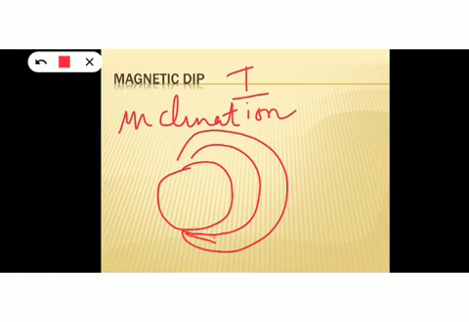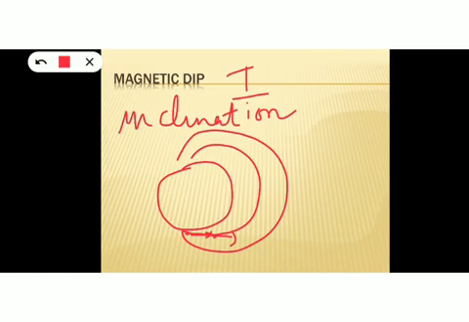You had studied this concept in class 10 physics. The direction of magnetic field at any point on the field line can be obtained by drawing a tangent at that point. So consider this point. If you want to find out the direction of magnetic field at this point, construct a tangent here. This tangent will give you the direction of the total magnetic field at the point.